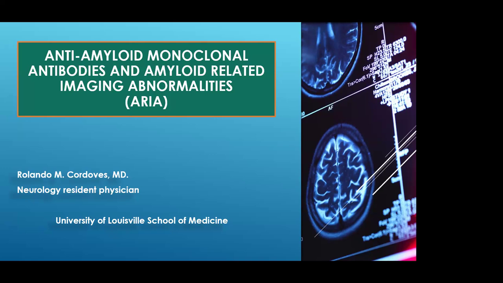I'm just going to pose some tools so that we feel a little bit more comfortable whenever we are trying to figure out whether someone has anti-amyloid monoclonal antibodies ARIA or someone has something else.